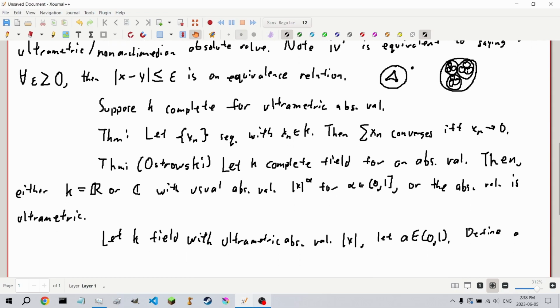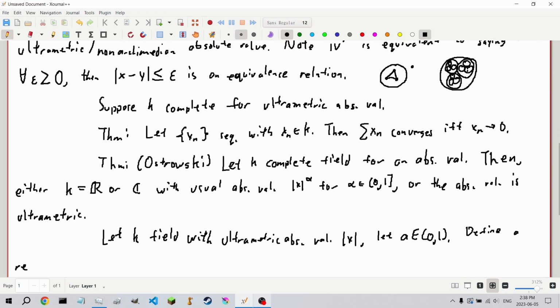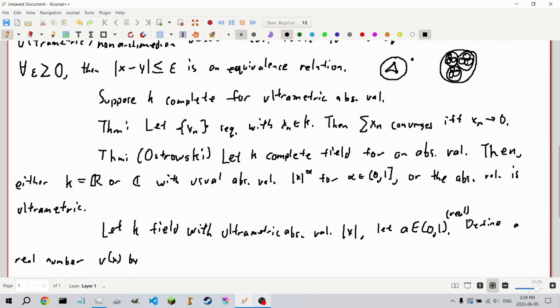Define a real number v of x by the formula: the absolute value of x is equal to a to the power of v of x.